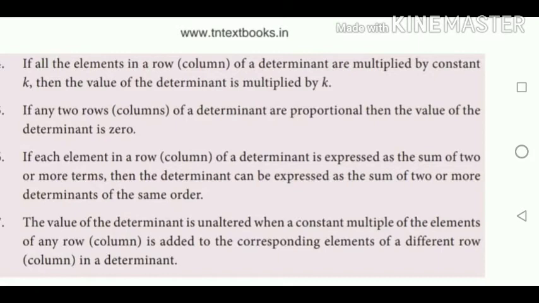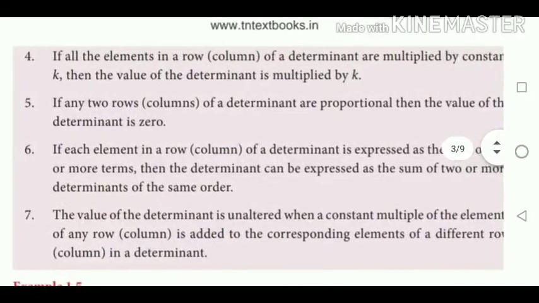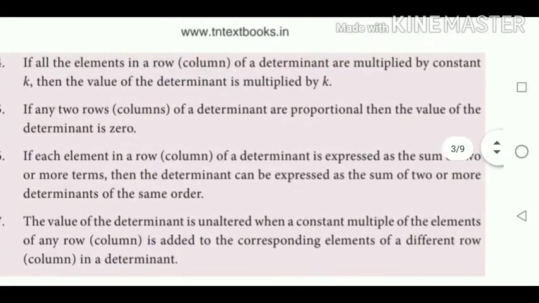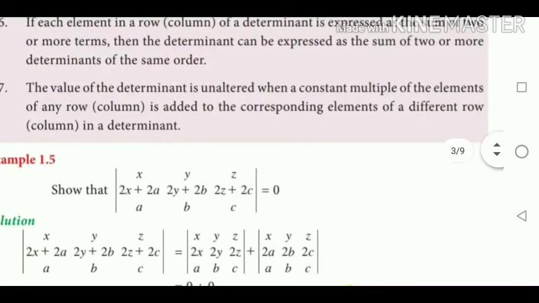If each element in a row or column of a determinant is expressed as the sum of two or more terms, then the determinant can be expressed as the sum of two or more determinants. Here there are two terms in the second row: 2x plus 2a, 2y plus 2b, 2z plus 2c.